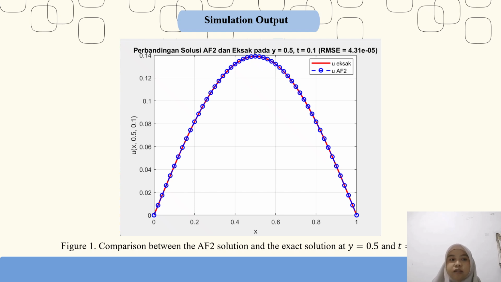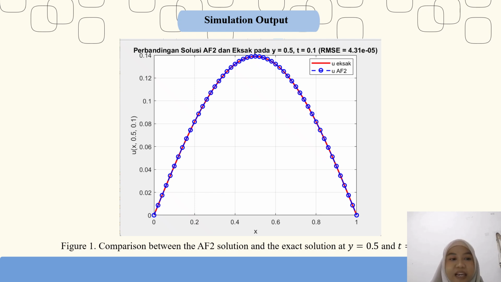The figure is a simulation output comparison between the approximate factorization 2 method solution and the exact solution at y equal 0.5 and t equal 0.1.